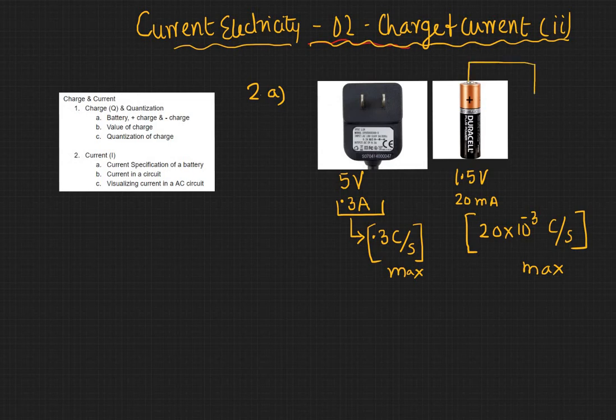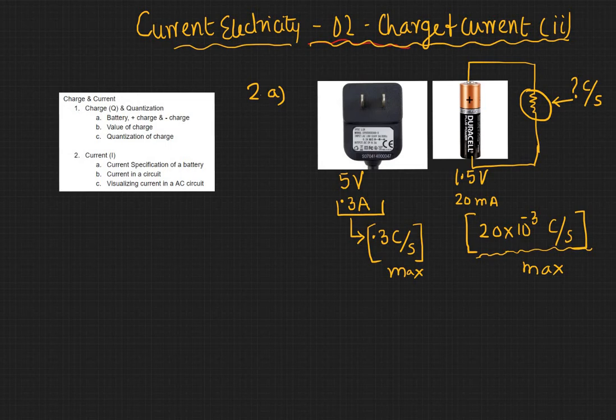If you connect some load, this determines how many coulombs per second will be drawn from the battery, and this has to be well within the max limit that the battery can operate. So this is the view of current specifications for devices.